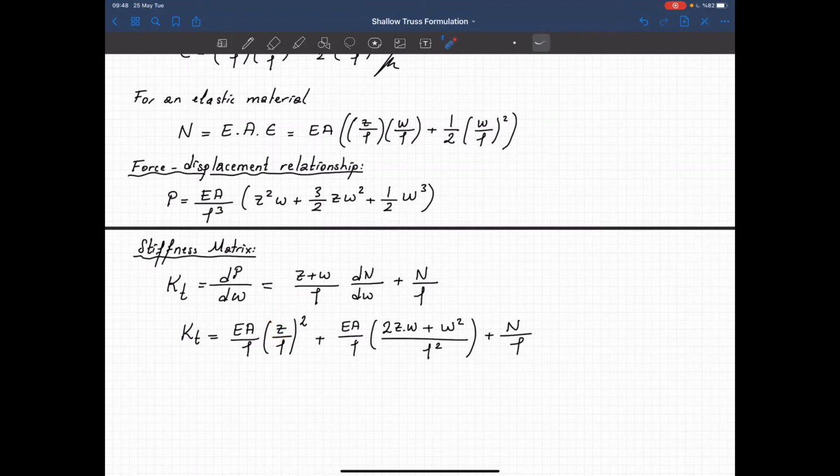Okay. So this part of the stiffness matrix is called the linear or small displacement stiffness. So that's the stiffness matrix we have been deriving by using the first order analysis approach, okay?